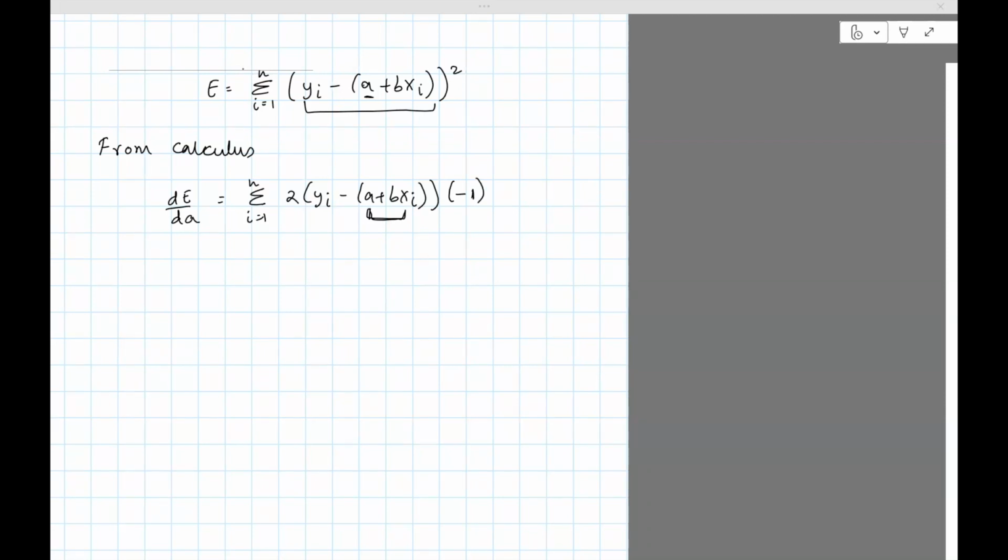And by calculus, you basically equate this quantity to 0.